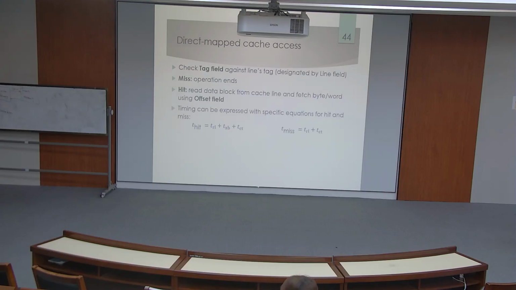That is the tag from the central processing unit and the cache memory's tag. So here we have the hit time for the direct map caching technique.